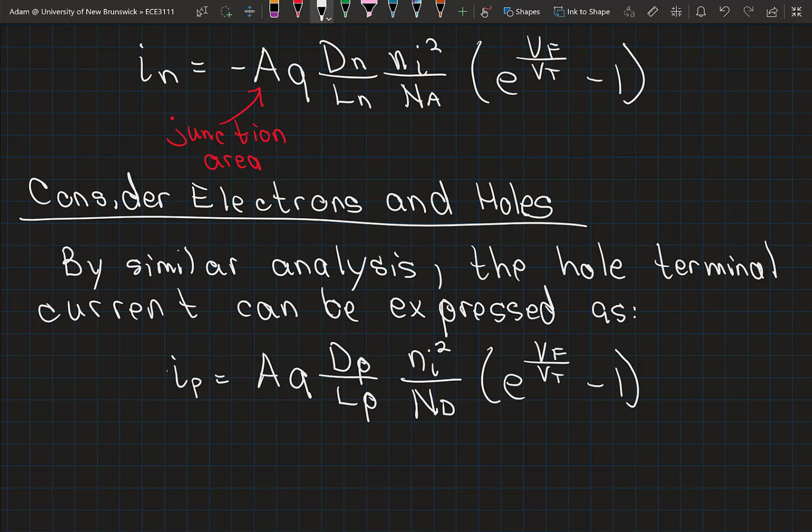Okay, the total current is going to be the sum of the current due to holes and electrons.